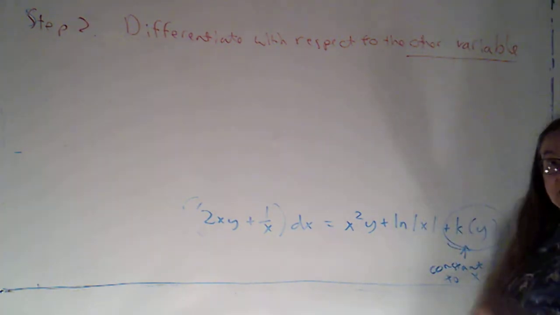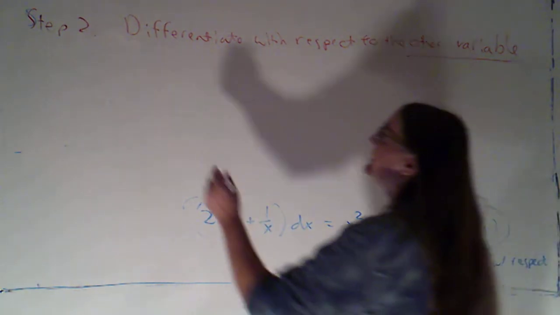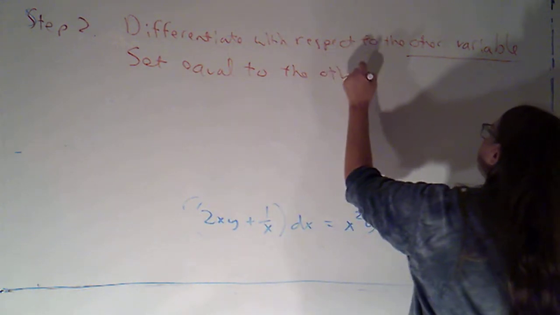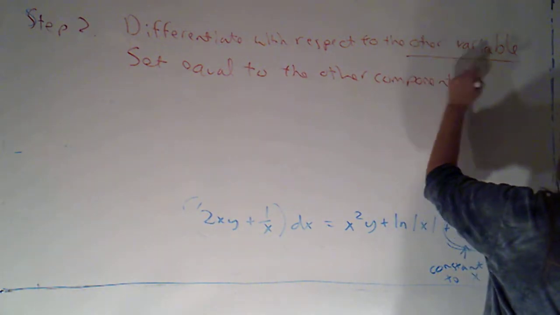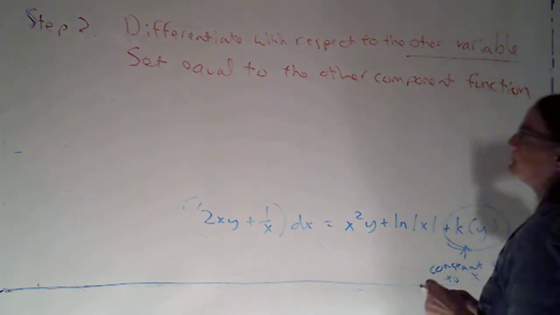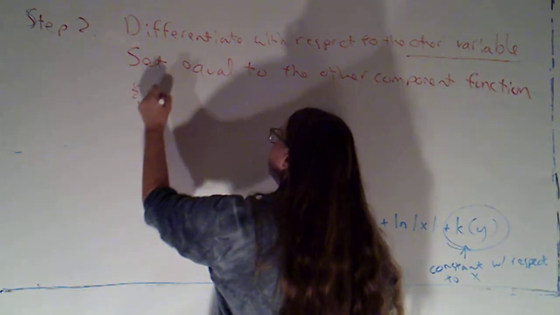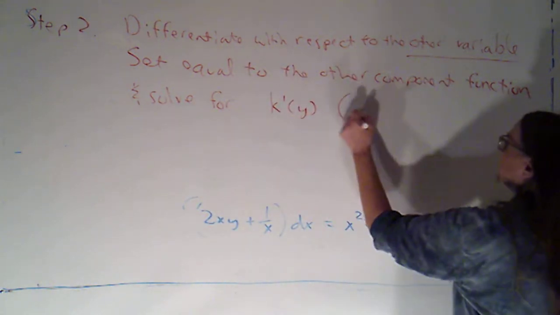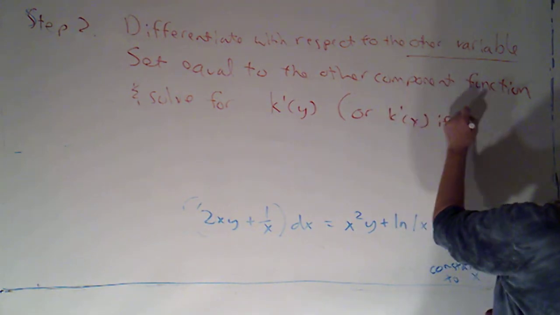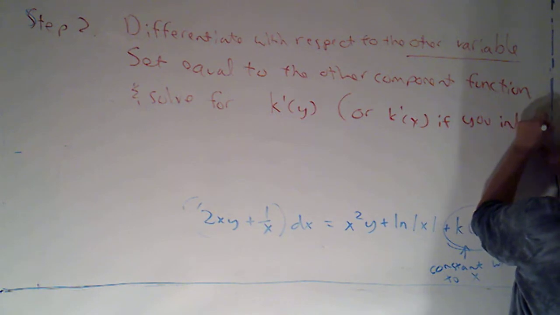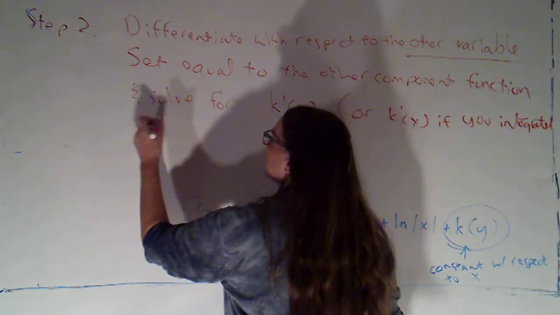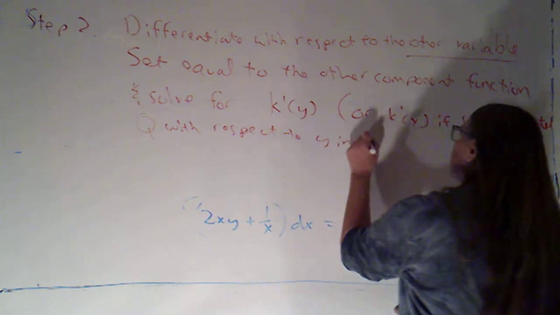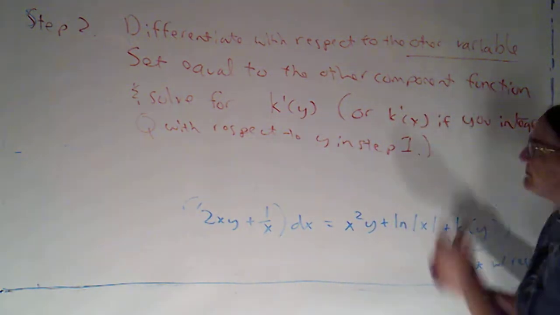So I just integrated with respect to x, so the other variable is y, set equal to the other component function, and solve for, in this case it's going to be k prime of y, and I'll just write or k prime of x if you integrated q with respect to y in step 1. Okay, a lot of words, let's see what we mean.